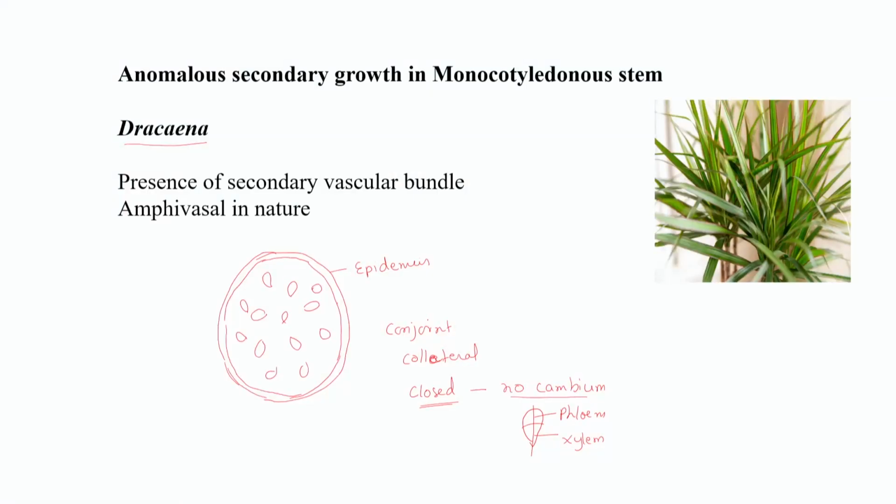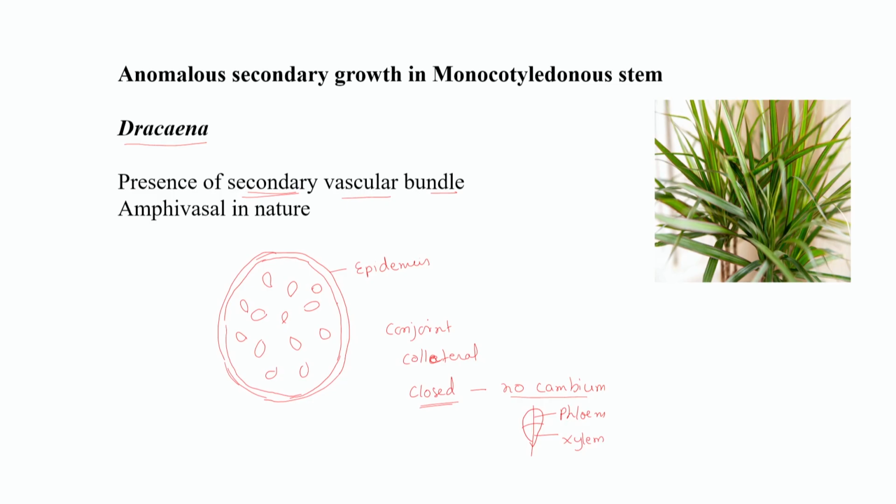It is because of the presence of secondary growth, or secondary vascular bundles. But this vascular bundle formation does not take place in the normal way as in a normal dicot stem. It behaves in a different way, and the arrangements are also different.